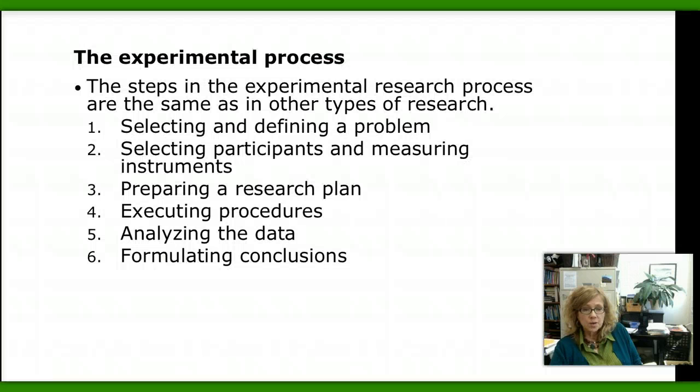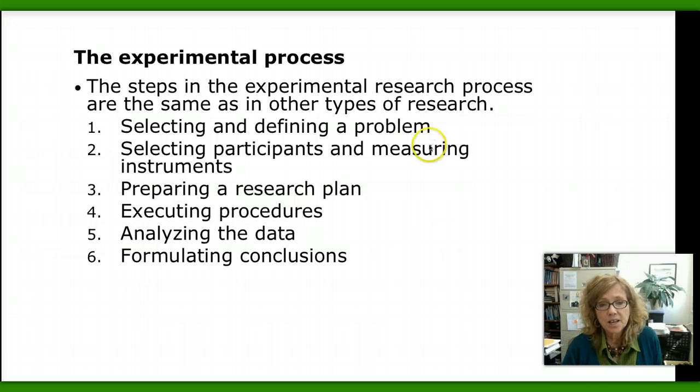So the experimental process is similar to other types of research. The researcher selects and defines a problem, selects participants and measuring instruments, prepares a plan, executes procedures, analyzes the data, formulates conclusions, writes up results, and discusses the results in light of the literature.